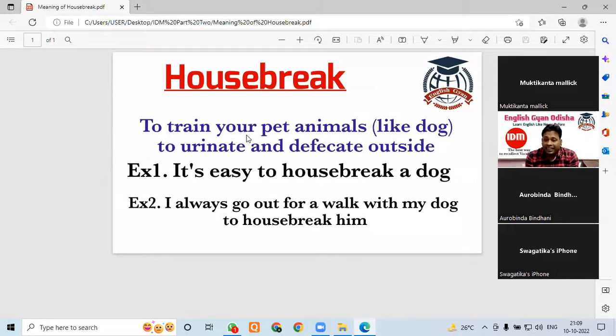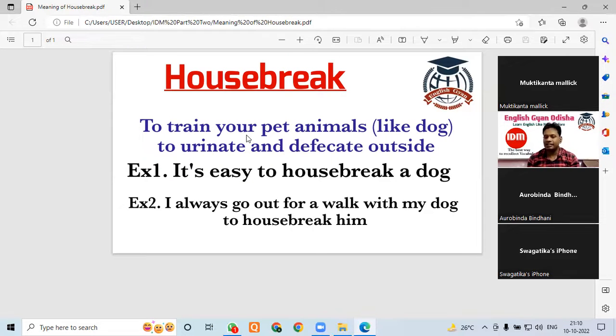To train your pet animals like a dog to urinate and defecate outside, that is called housebreak. Housebreak is a verb. Check it out. Housebreak is a verb, and its meaning is to train. It's an American word. It's not British. This is North American, but it's English, because sometimes you speak American English, sometimes British English.